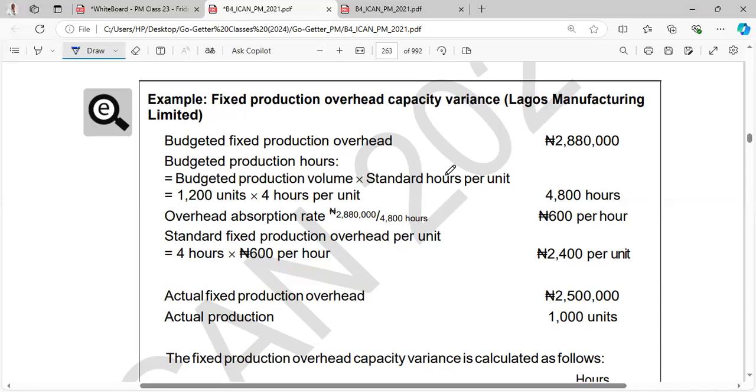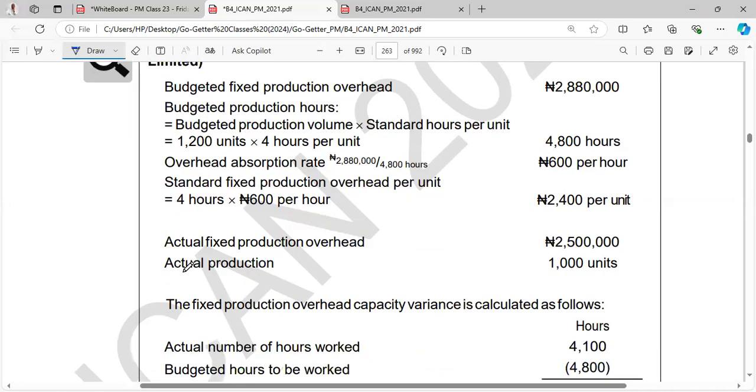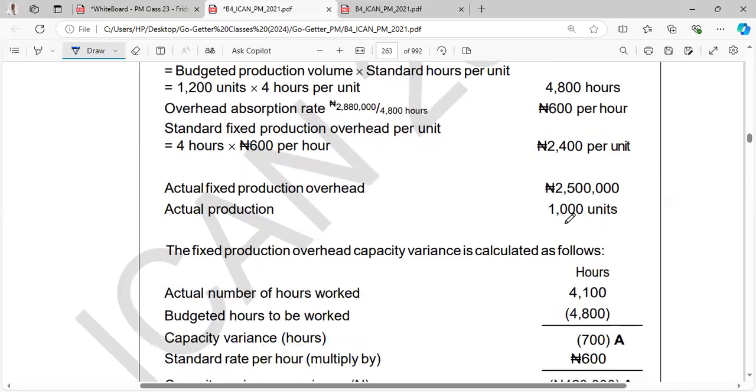Standard here, we'll be looking at the actual production that has occurred. So if you look at this now, standard production overhead is going to be 4 hours times 600, which is the overhead absorption rate we use here because this is for budget. Now look at the actual fixed production overhead here, 2,500,000. Actual production is 1,000 units.